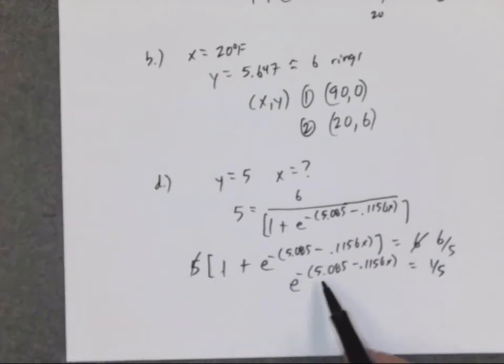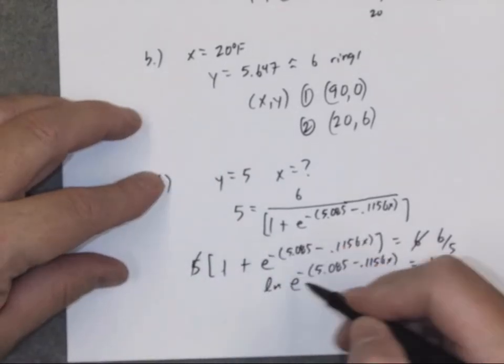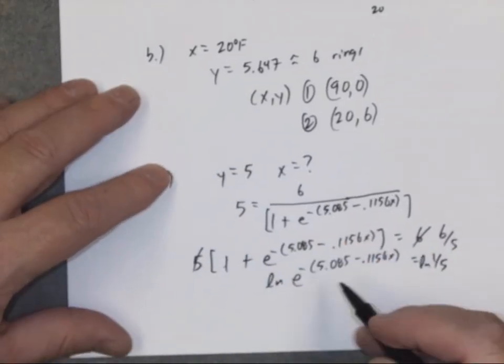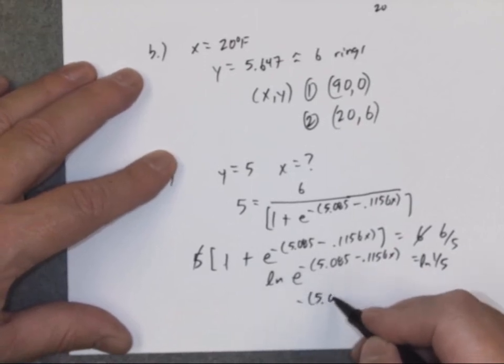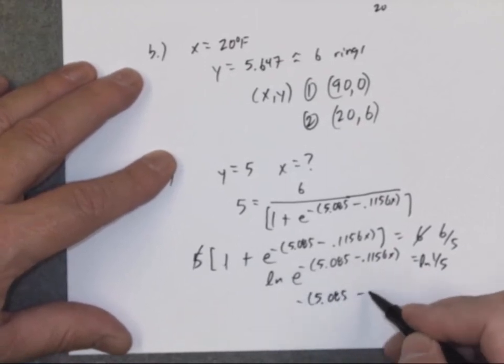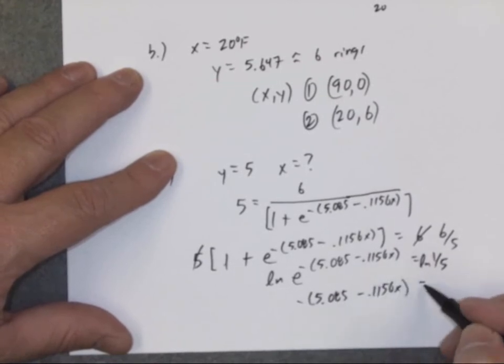So now I have the exponential by itself equals a number. Since it's e raised to a power, I'm going to take the natural log of both sides. So over here I end up with just my exponent equals natural log of 1/5.